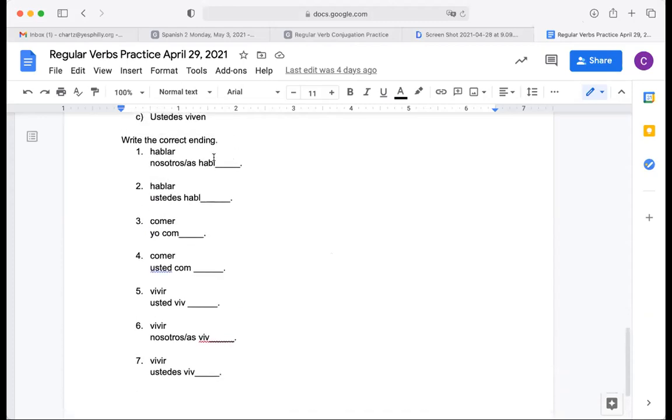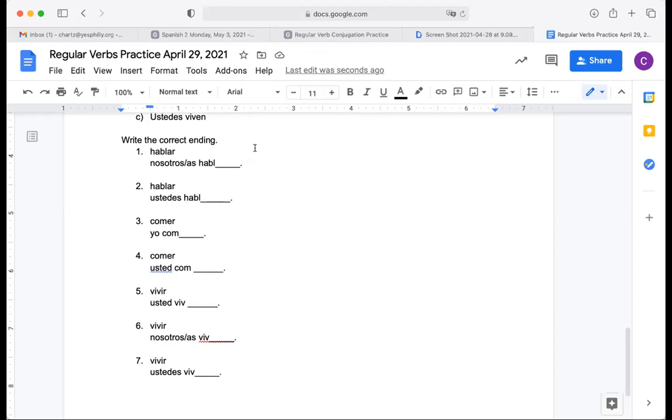So one more section here. I'll write the endings out here, and then I'll delete them because I don't know if you guys can see this or not. To write the correct ending, our verb is hablar, and we're going to use the nosotros, nosotras form. They have the stem here for you, HABL. So what's going to be the ending for AR verbs for nosotros?